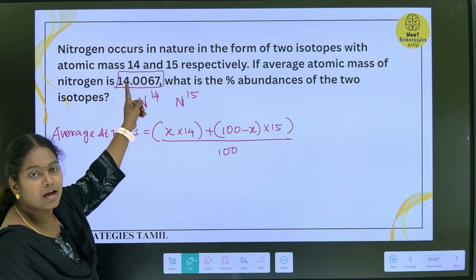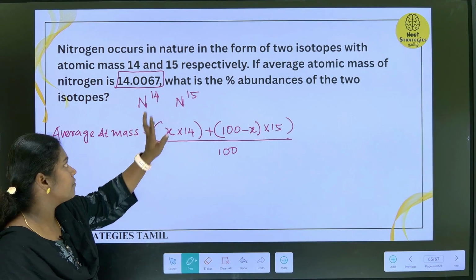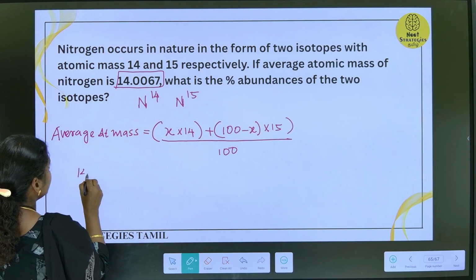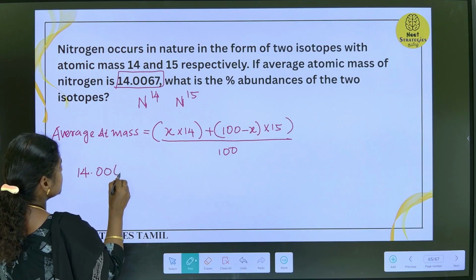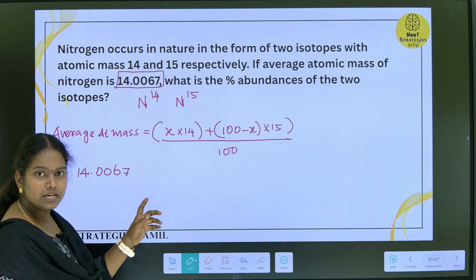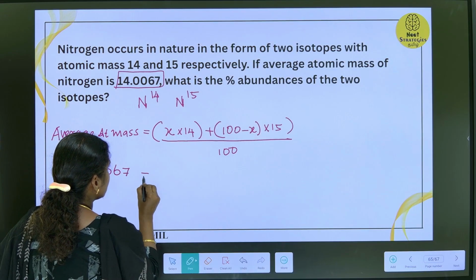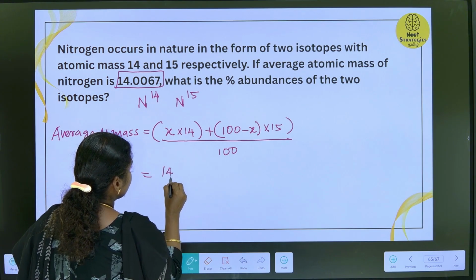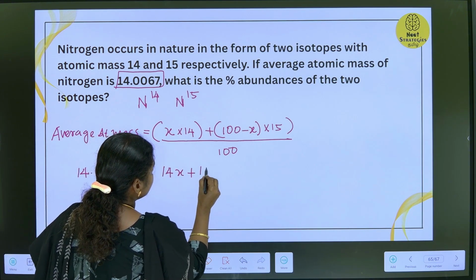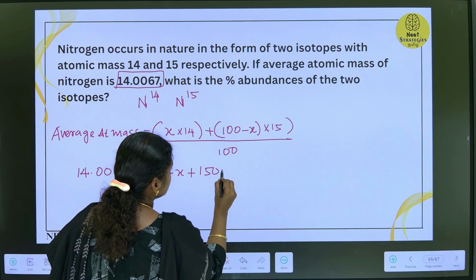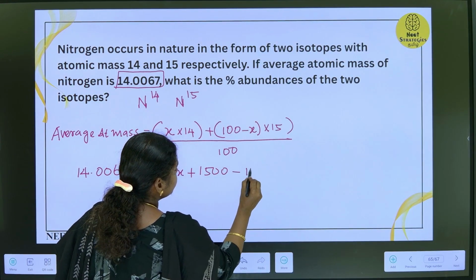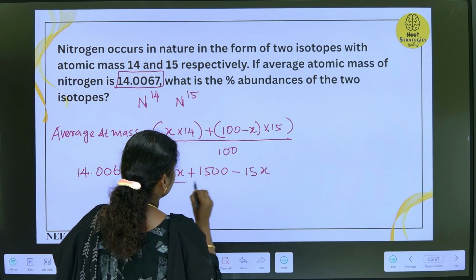In the problem, the average atomic mass is given, so that is 14.0067. So 14.0067 is equal to 14x plus 1500 minus 15x, upon 100.